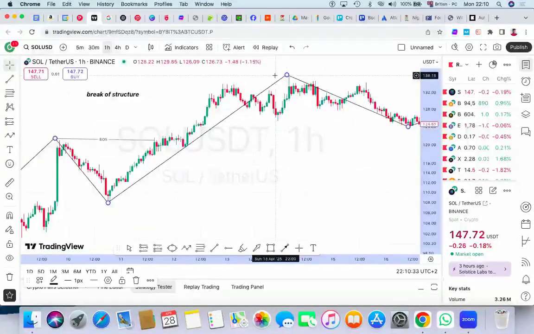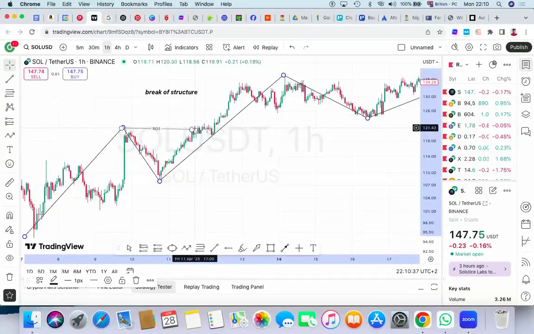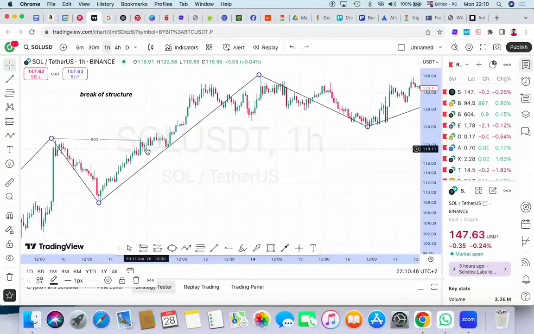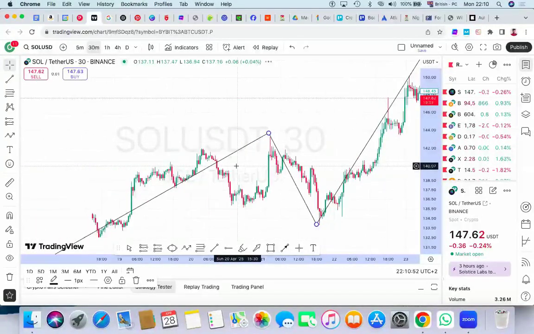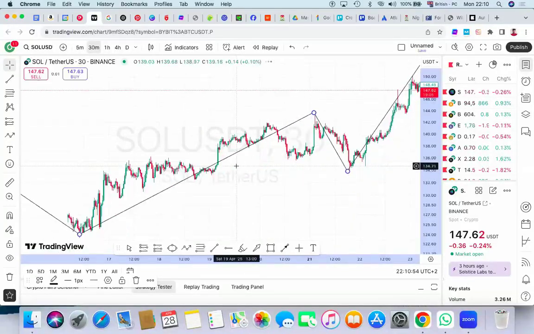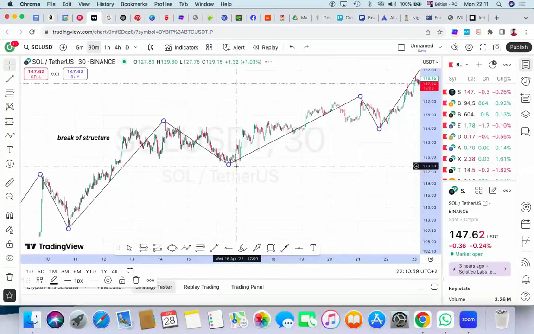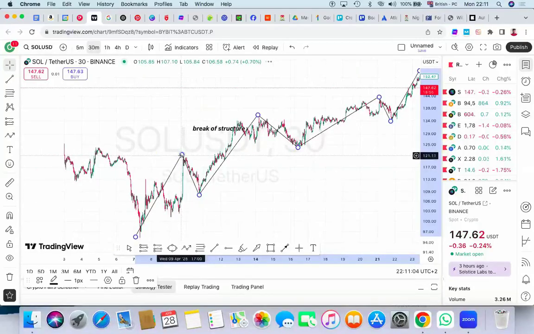Now for me to identify the next structure, the next break now is a market broke from here, broke this high. When it got to this high here, right, it broke. There was just a little bit of pullback. So if I should go back to the smaller time frame here, that's where you notice the difference when we were talking about internal and external structure.